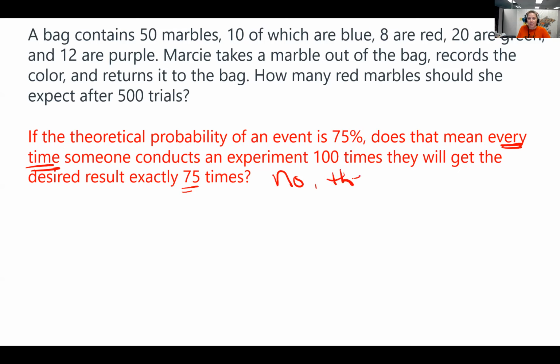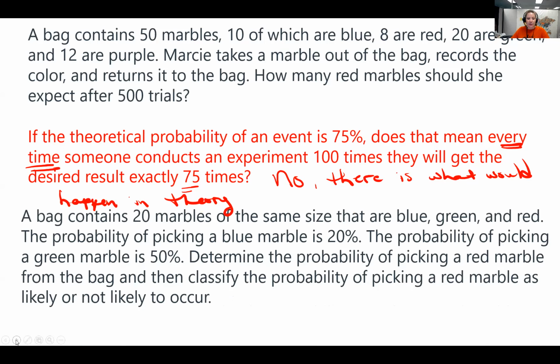This is what would happen in theory. And I would write, but what happens in an experiment doesn't always match what happens in theory. Okay? So no, it doesn't mean that.